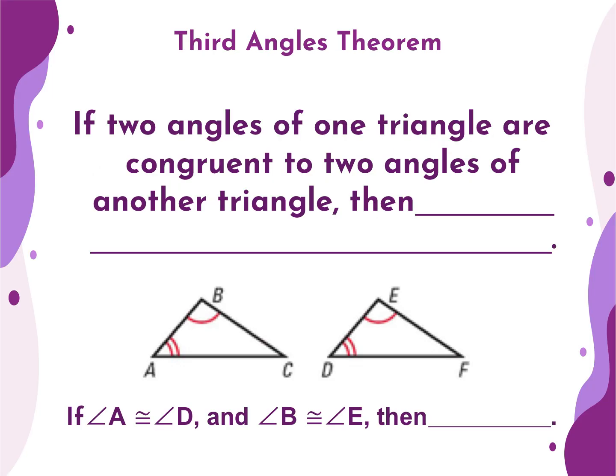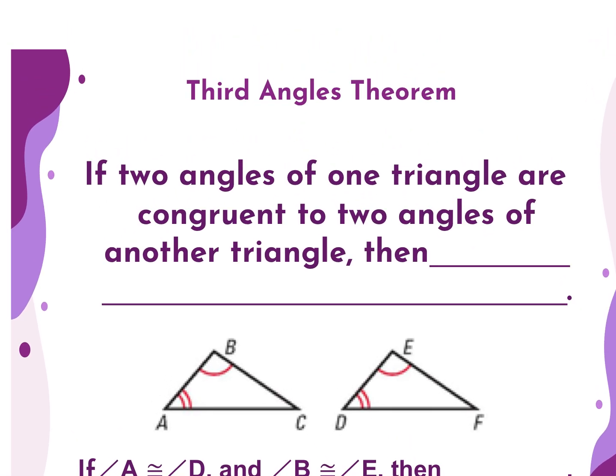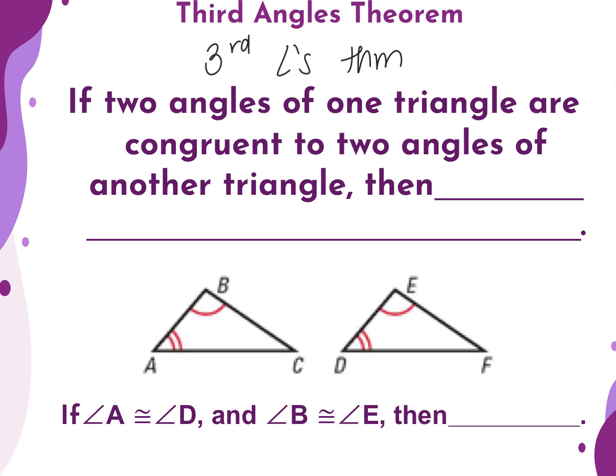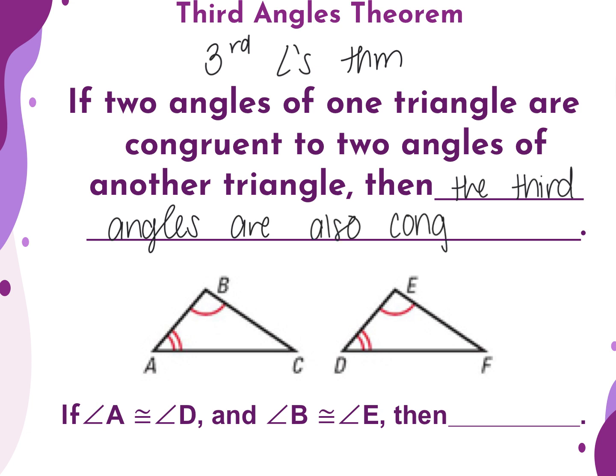Third angles theorem. You could abbreviate it and write it as third angles theorem instead of writing the whole thing out. What this says is if two angles of one triangle are congruent to two angles of the other triangle, then the third angles are also congruent.